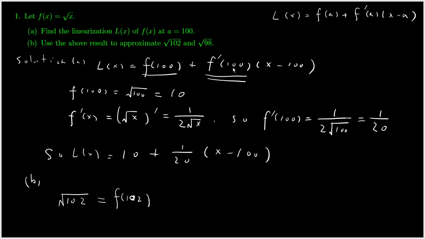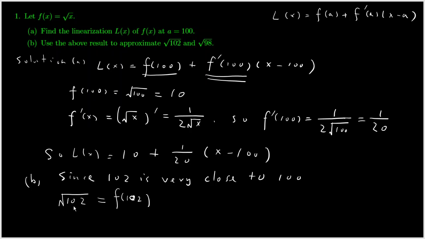I'm going to add one more sentence here. Now since 102 is very close, so can I say very close? Try to use our common sense to understand the meaning of close. 102 is very close to 100.